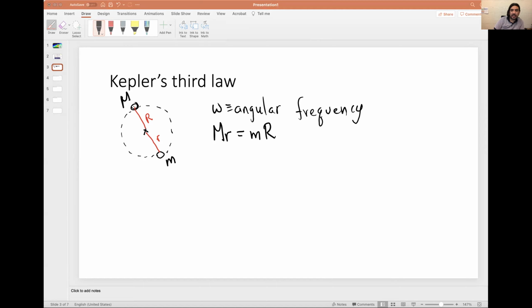Now, if you use Kepler's third law, you could derive it, but I'm not gonna ask you to do that. You could derive it from your physics 2014, it's probably in your book too. But we can figure out how the angular frequency is related to the separation of the two black holes. And what we would end up with is omega squared is equal to, and here is capital G, and then on the top is little m plus big M. And on the bottom would be little r plus big R cubed. So this is Kepler's third law.